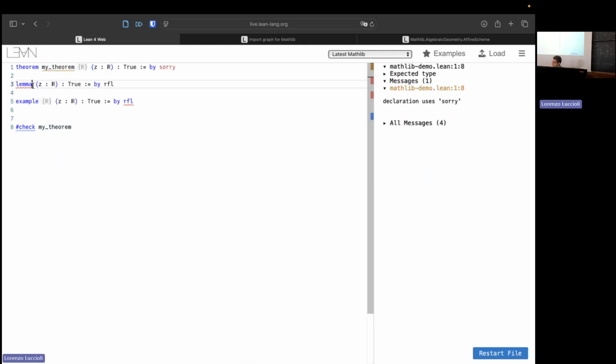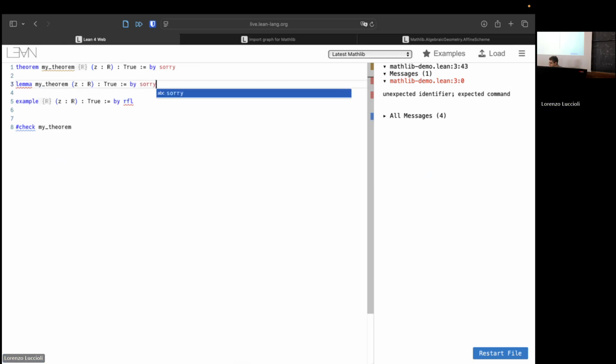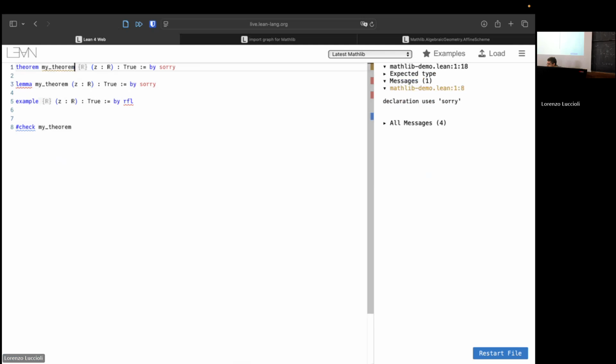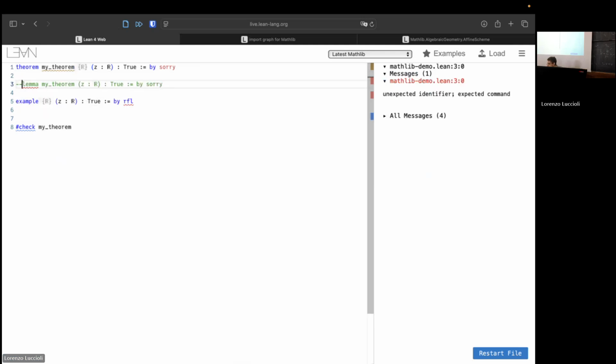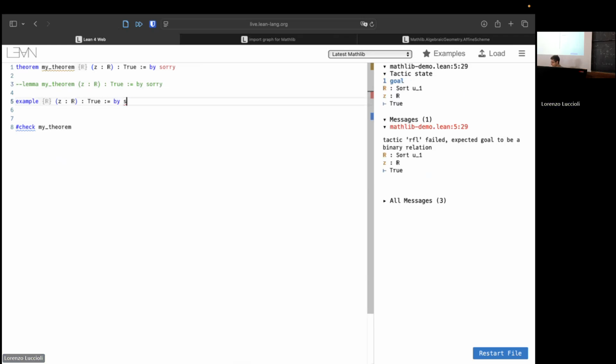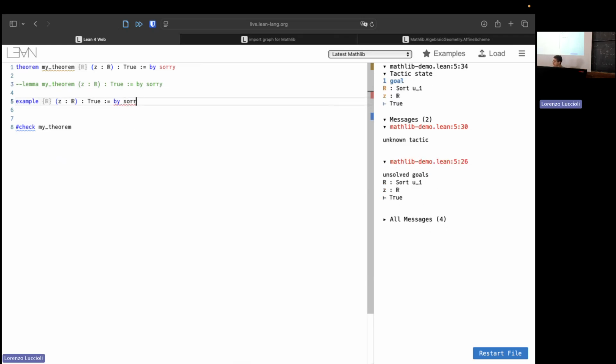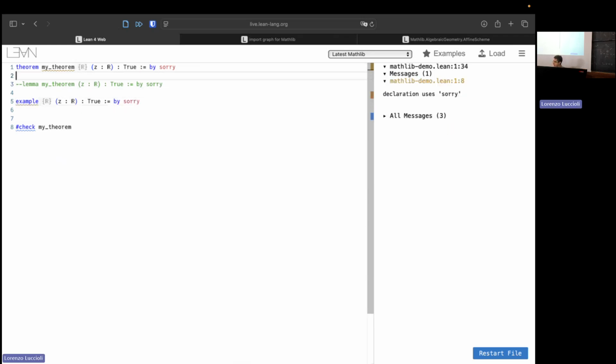Actually, here lemma complains because you have to give it a name. So I was saying the difference between a theorem and example is that for a theorem you can actually give it a name. Example is just something that is not meant to be used later in the code.